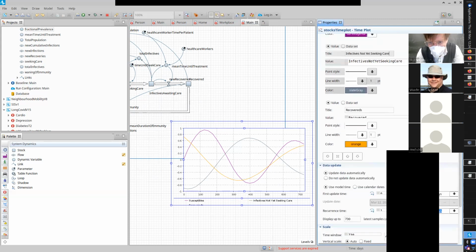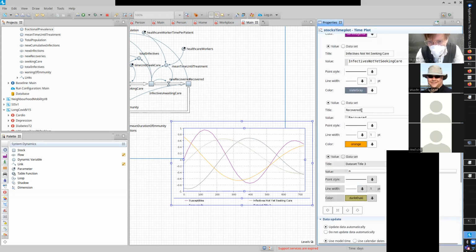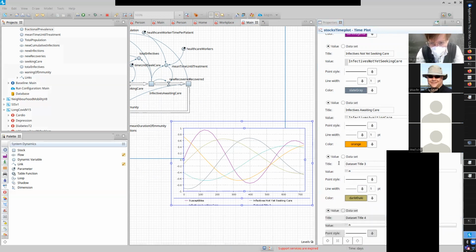Then I'm going to add another one, which will be infectives awaiting care, and finally there will be total infectives, and I'm going to make that equal to the count of total infectives. Okay, great.